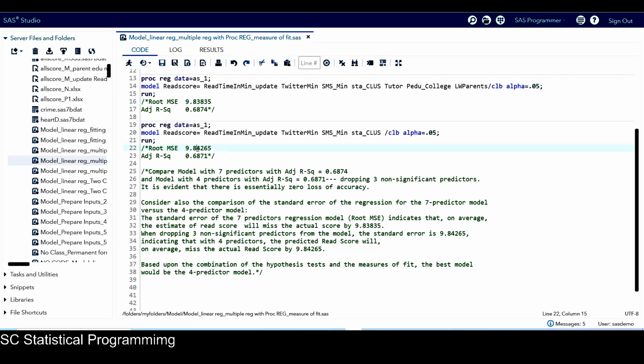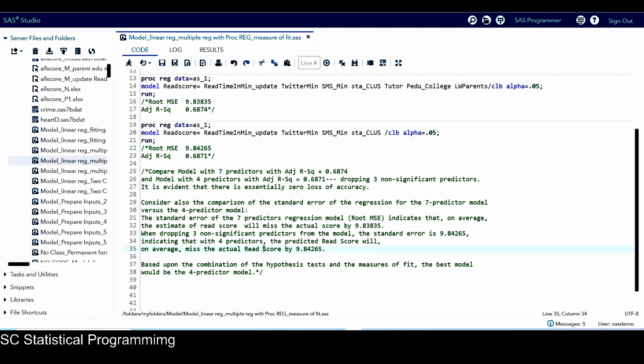When dropping 3 non-significant predictors from the model, the standard error is 9.84265, indicating with the 4 predictors model, the predicted risk score will on average miss the actual risk score by 9.84265. We can conclude that by dropping the 3 non-significant predictors, there is not much difference for the adjusted R-square as well as the root mean square error.